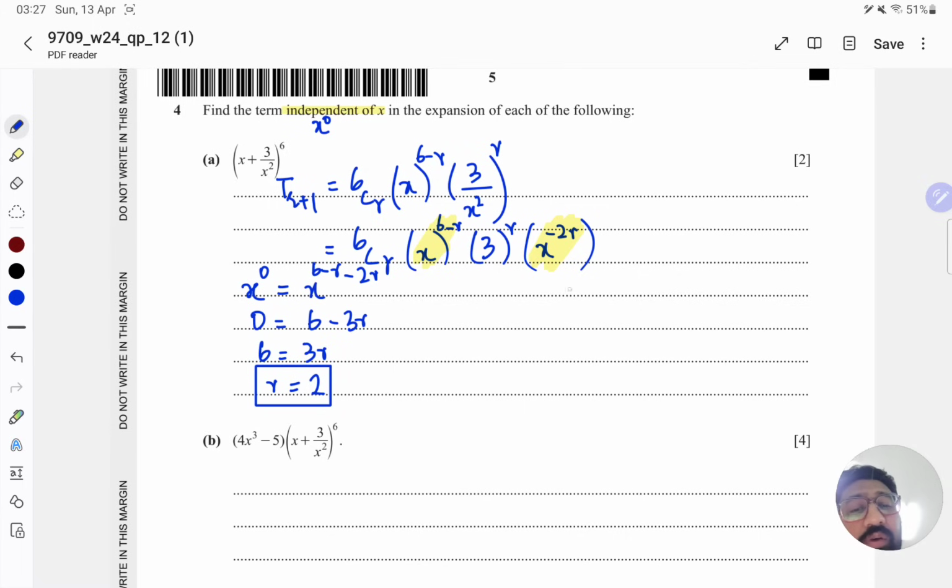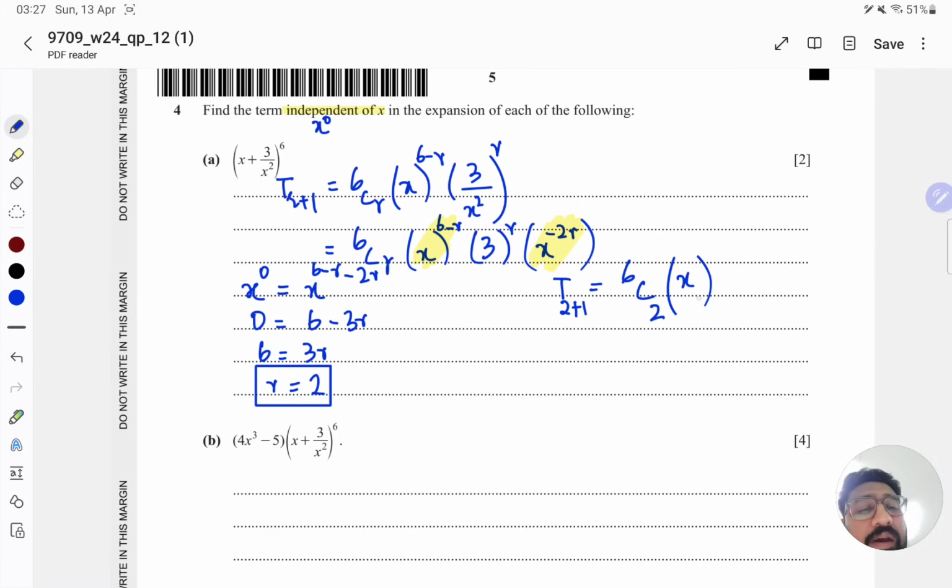So let's substitute in the above formula again. T3, term number 3, is going to yield a coefficient which is independent of x from the expansion of the bracket. So 6C2. Remember, this is not 3, basically this is term number 3, but this is 2 plus 1, so r plus 1.